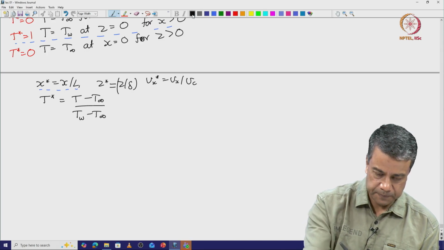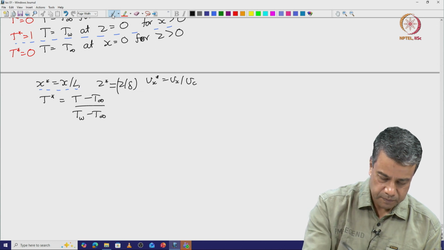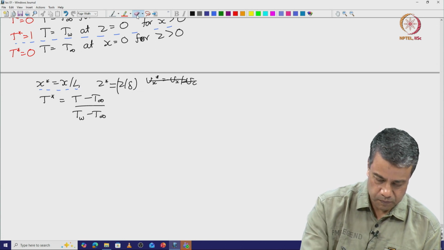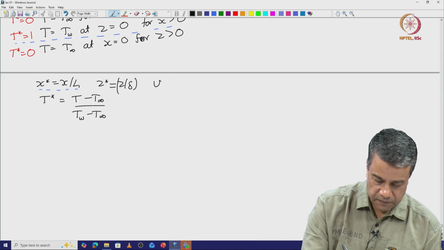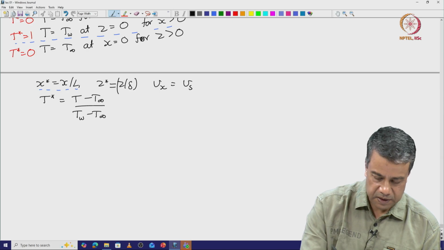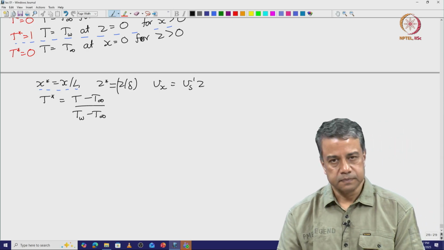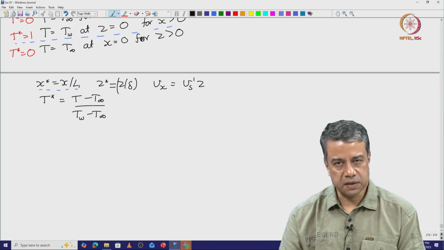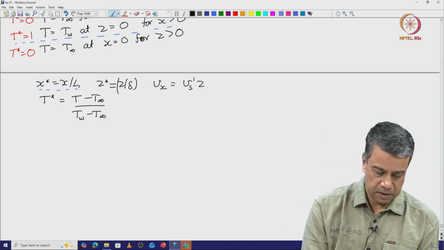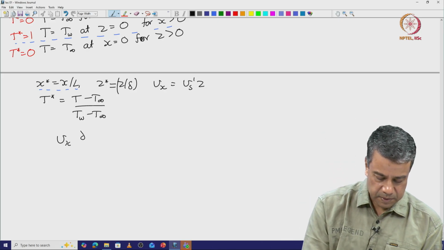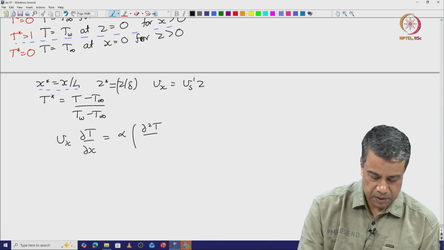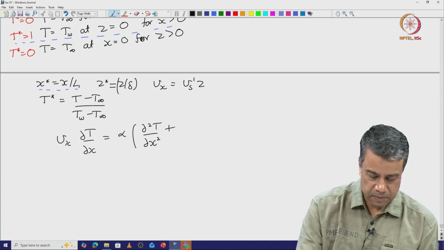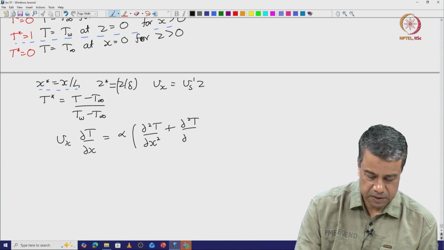Therefore, I have to define Vx is equal to Vs prime times z. So, let us go back to the original equation. Vx partial T by partial x is equal to alpha into partial square T by partial x square plus partial square T by partial z square.